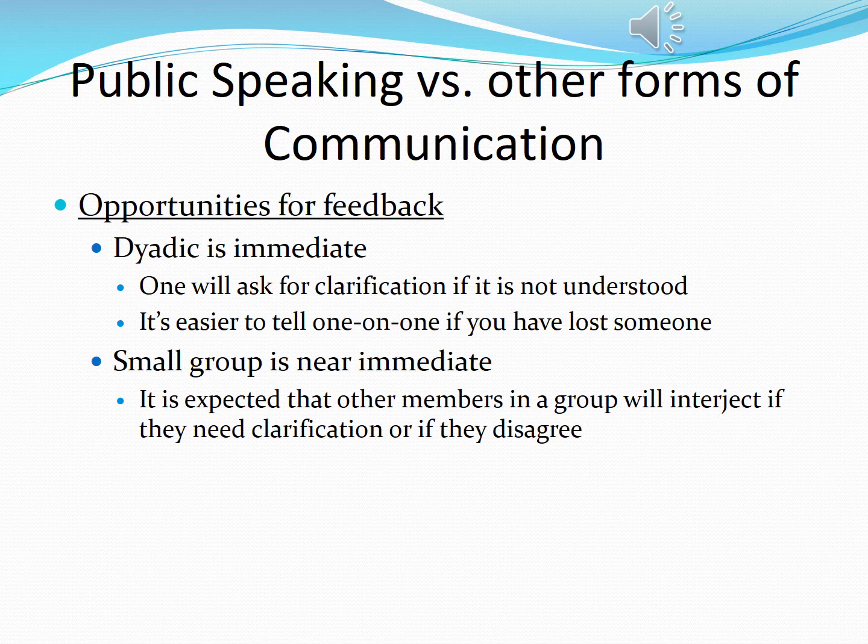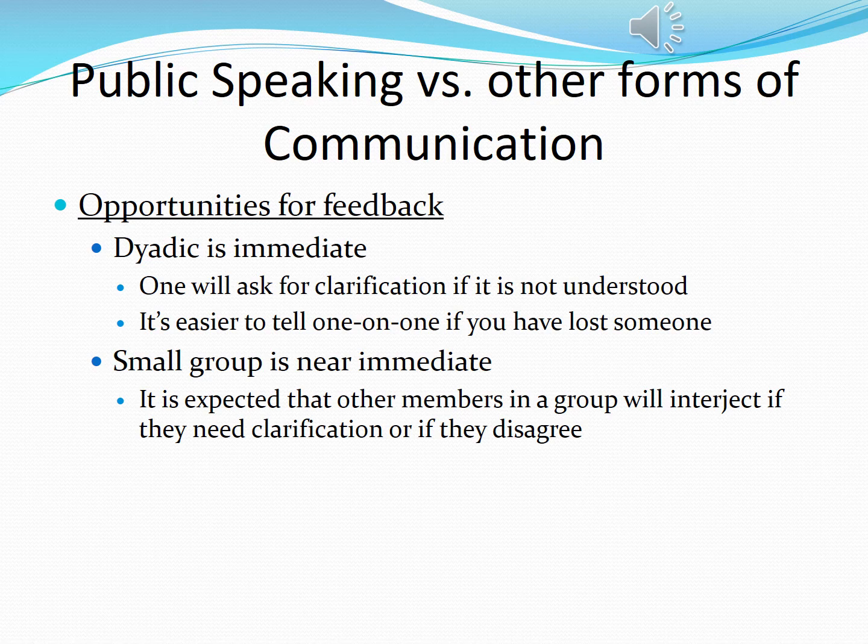Small group communication, the feedback is considered near immediate because it's expected that people are going to take turns. And they may stop you, they may interject or interrupt if something is completely misunderstood or completely disagreed with. Social protocol dictates that in a small group environment, we're typically going to take turns. So verbal communication is slowed down a little bit, but so is nonverbal communication, because you can't look at everybody all at once.